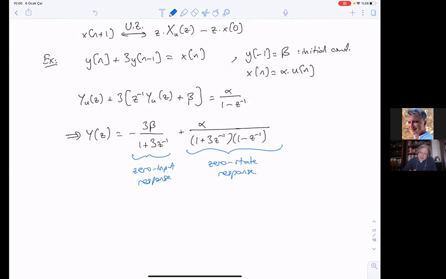So this is all I would like to really emphasize and give as an example regarding the unilateral Z transform. In fact, I could give you a second order system with two initial conditions too, which would give you a better example of how to incorporate the initial conditions into higher order difference equations.